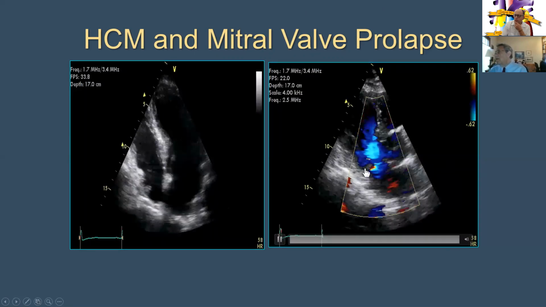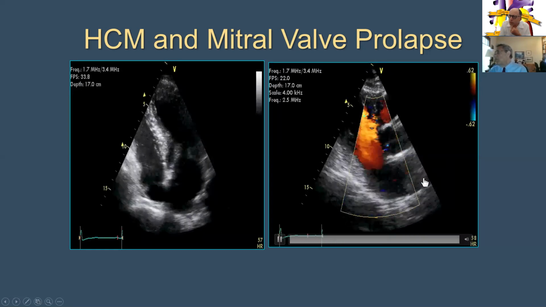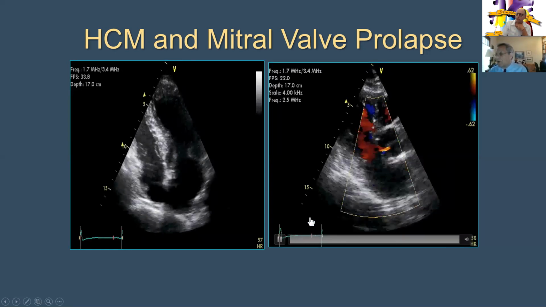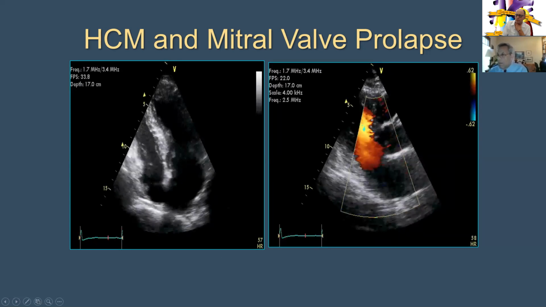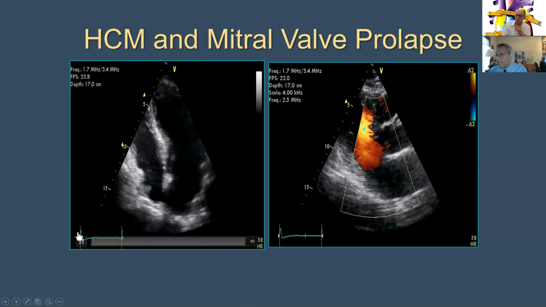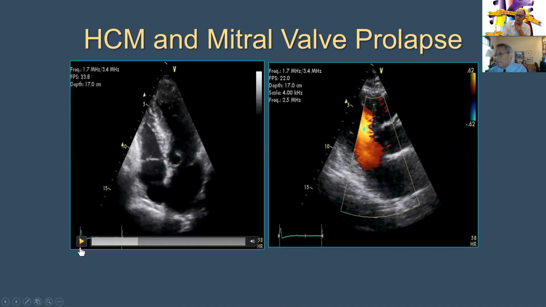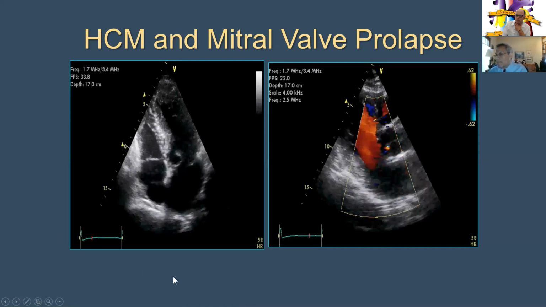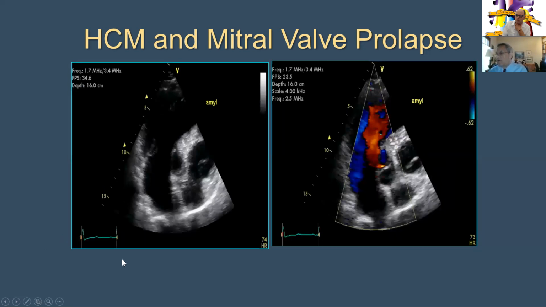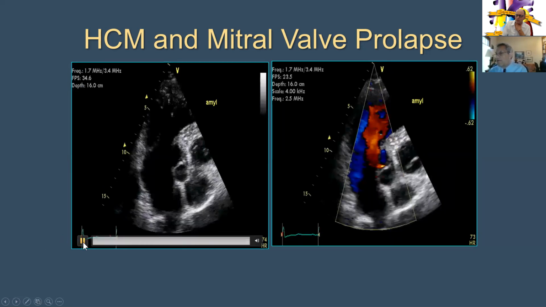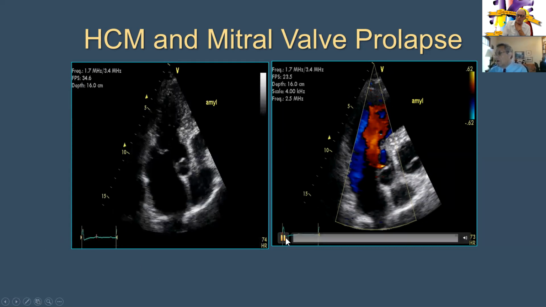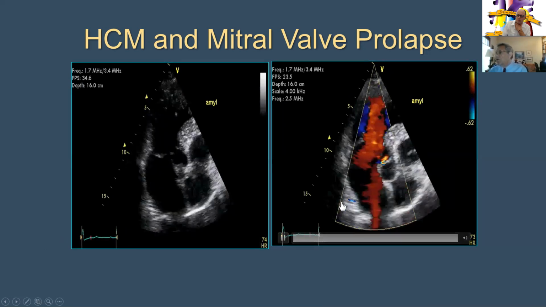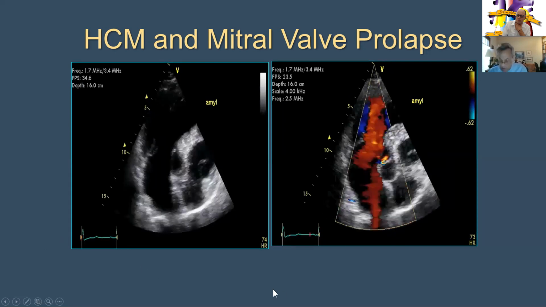Here he had some anteriorly directed mitral regurgitation, probably 2+, at rest. He was given amyl nitrite, developed severe systolic anterior motion, and severe posterolateral mitral regurgitation.